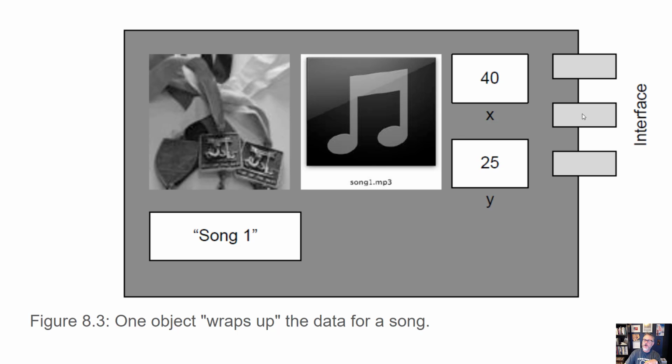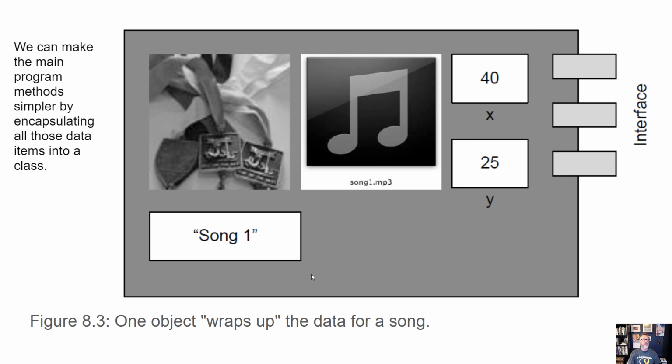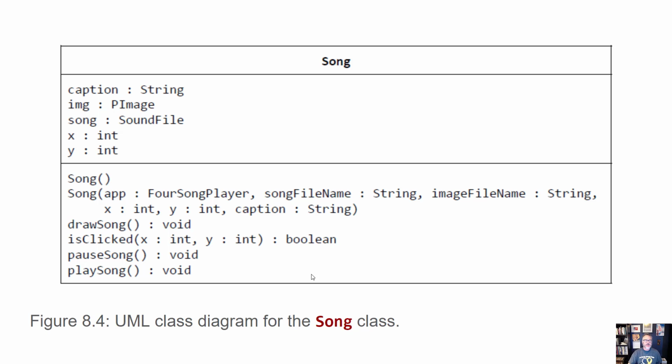And then it will expose an interface, which is represented by these smaller boxes here. Think of those like the buttons on a remote control. Those will be the things that this larger object knows how to do. Okay? So we're going to encapsulate all those data pieces into a class like this.